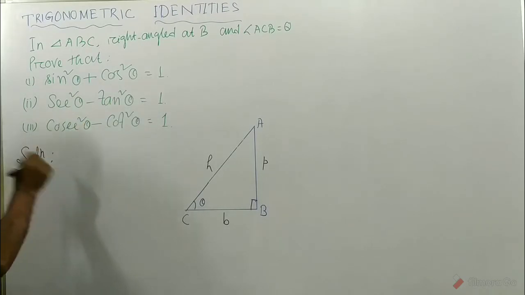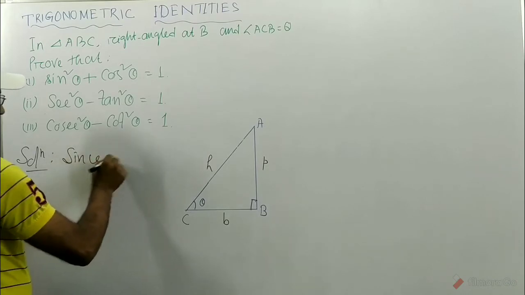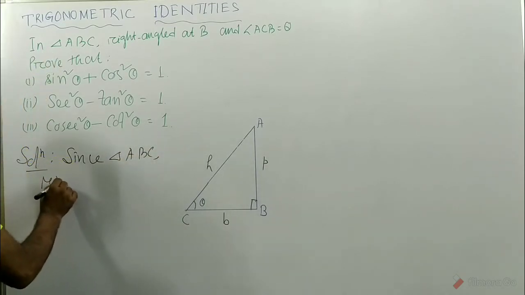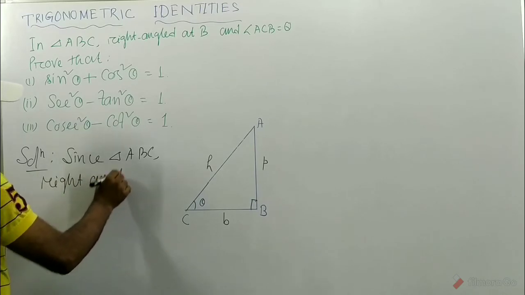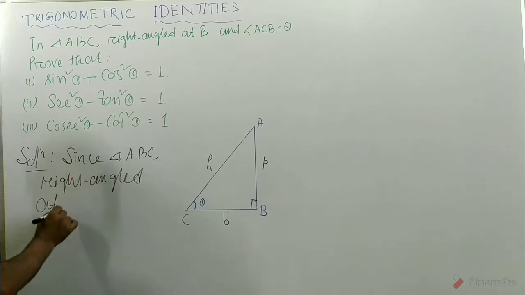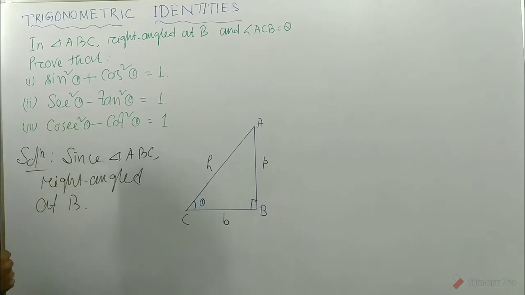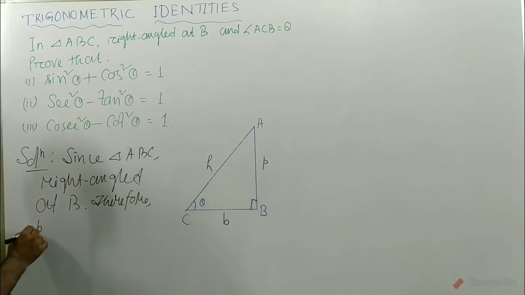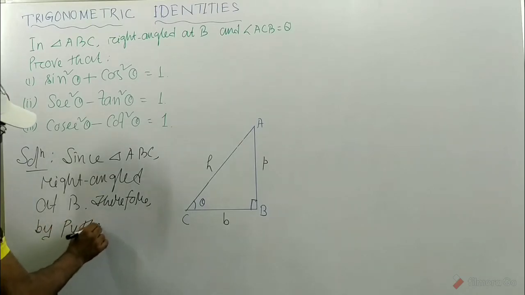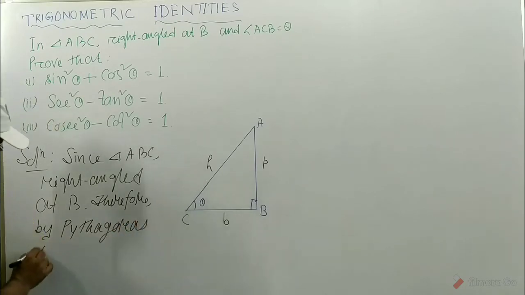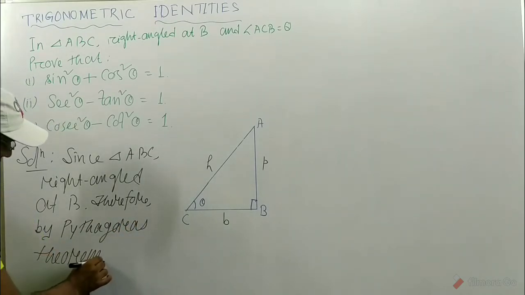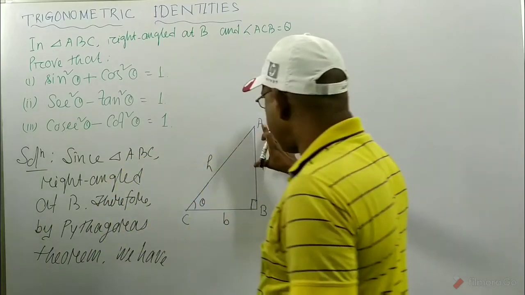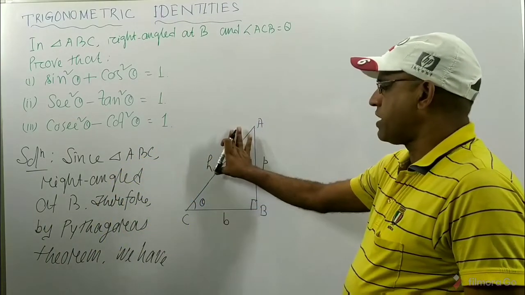Solution. Since triangle ABC is right angled at B, therefore by Pythagoras theorem we have AB square plus BC square equal to AC square.